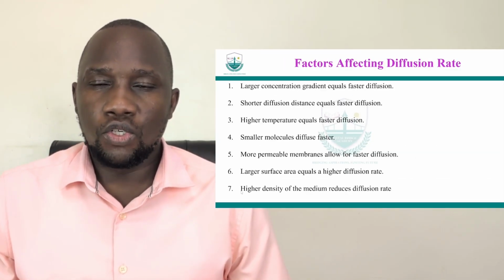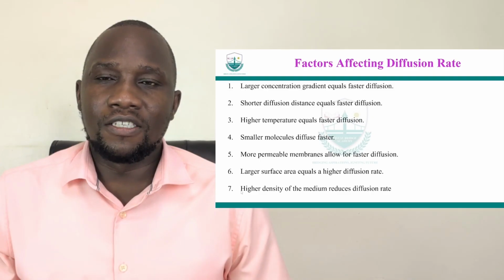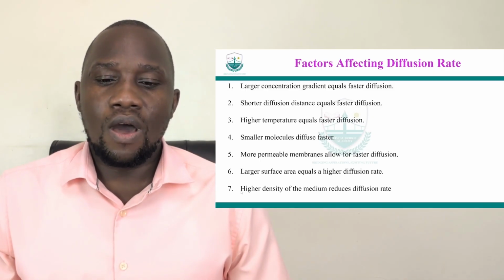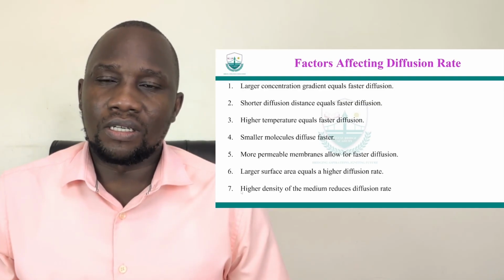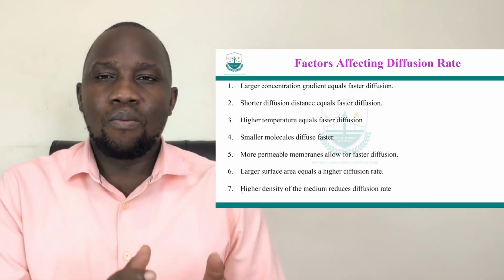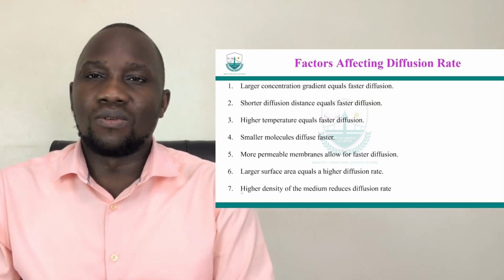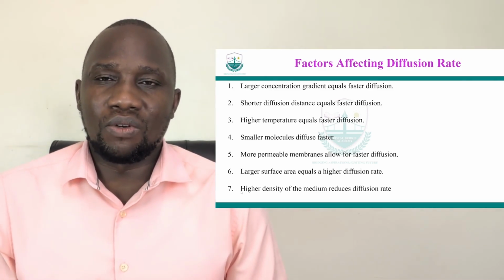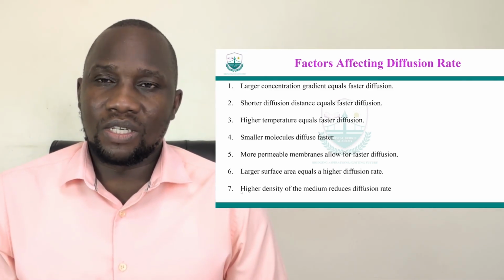Okay, so diffusion is very fast if you have a large concentration gradient. That means that you have more particles on one side and less of those same particles on the other side. That is a steep concentration gradient or a great concentration gradient.